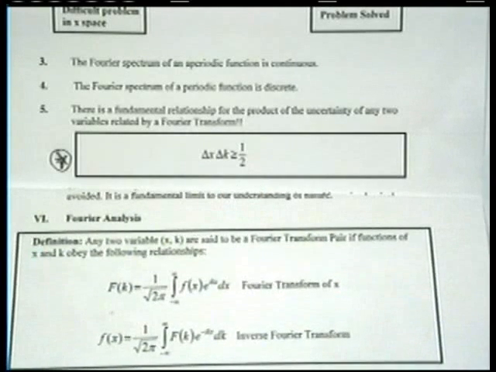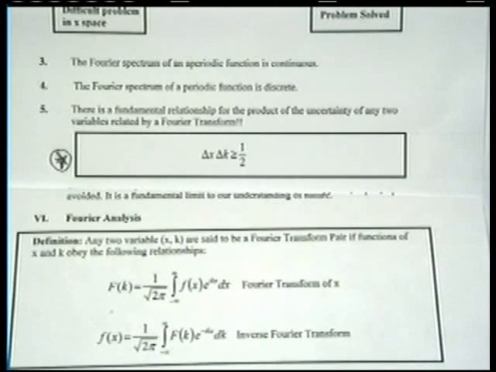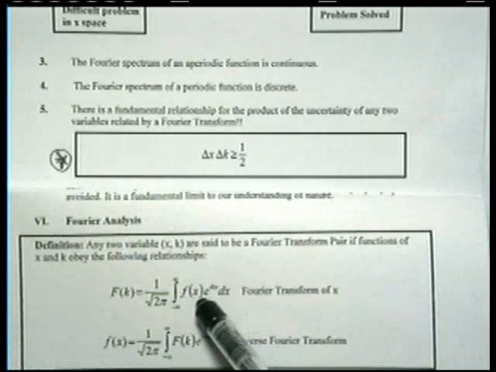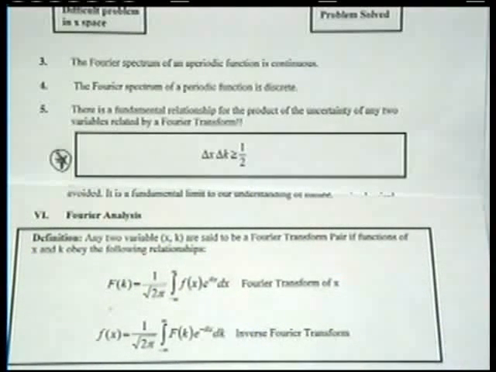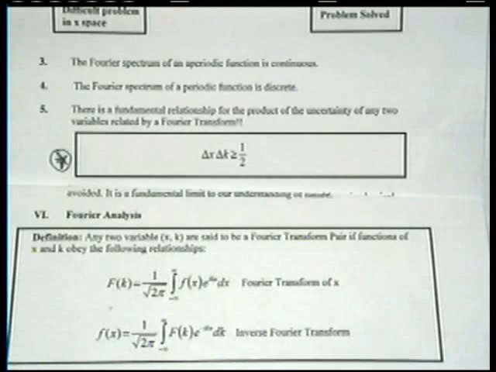What does that mean? That means that what you're doing here is summing up a bunch of waves to make a function. If the function is very narrow, it will take a lot of waves, because you'll need some waves to constructively interfere and some waves to destructively interfere.